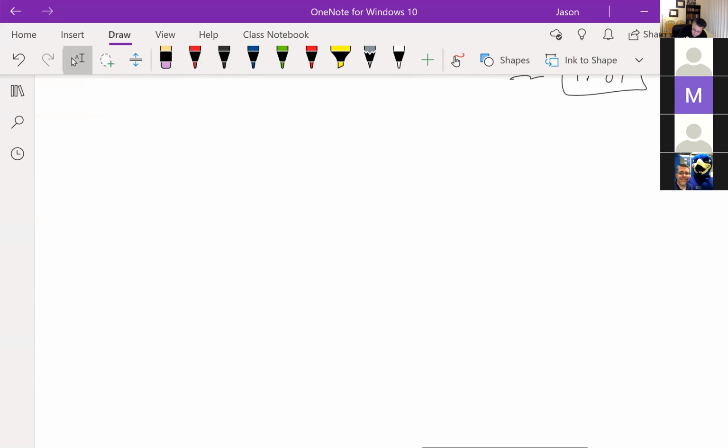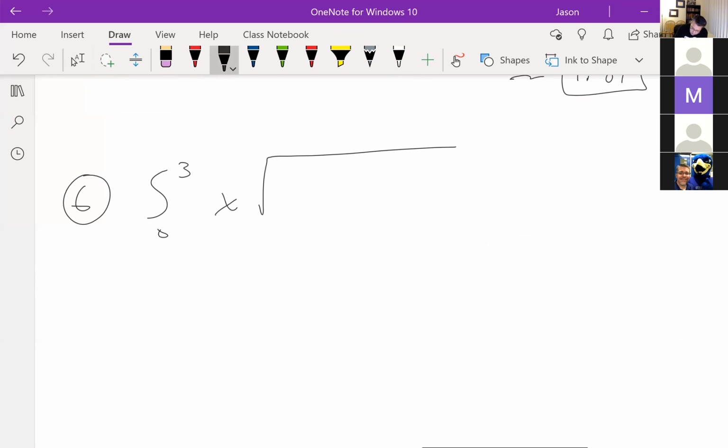Okay, example 6. Let's do example 6. The integral from 0 to 3 of x times the square root of x squared plus 3 dx.